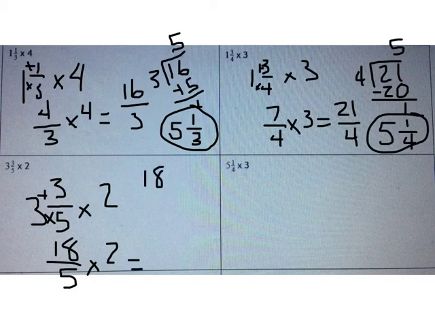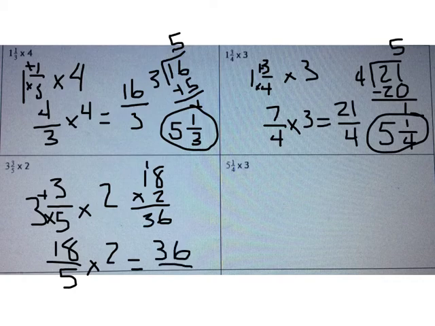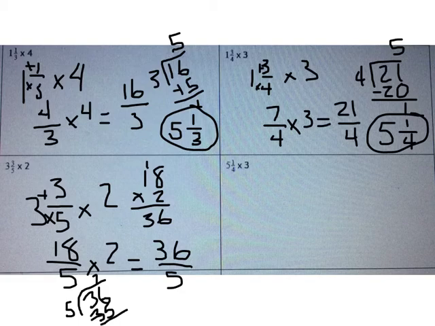Well, 18 times 2 is 36, so that's 36 over 5. Now I need to write that as a mixed number. How do I write 36 over 5 as a mixed number? Well, 5 goes into 36 7 times, with 1 left over. So the answer is 7 and 1/5.